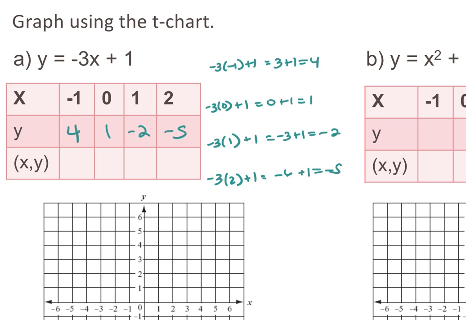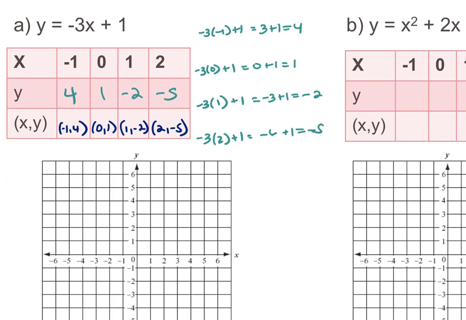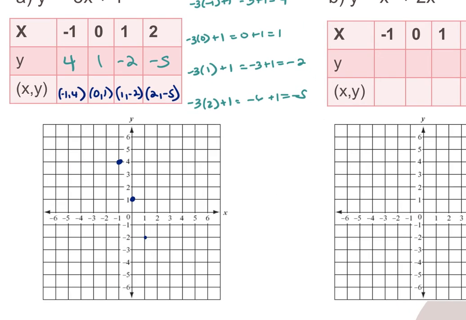The box underneath it literally just means rewrite it as its coordinate point. So x comma y, x comma y, x comma y. And then I'm going to put my points and draw the line.